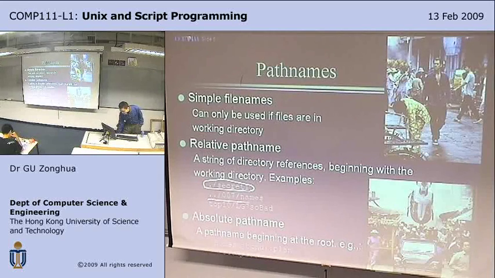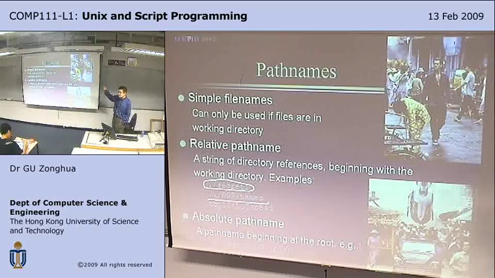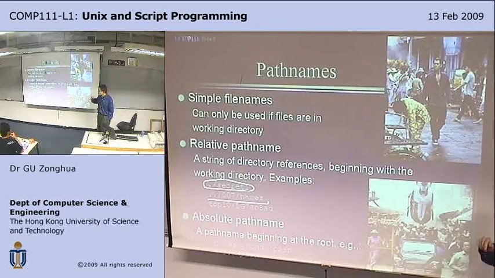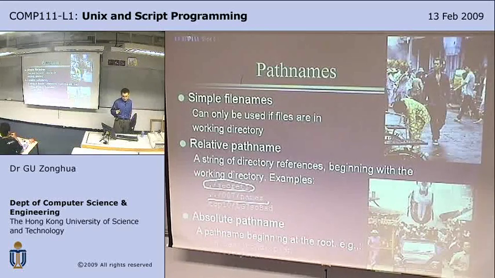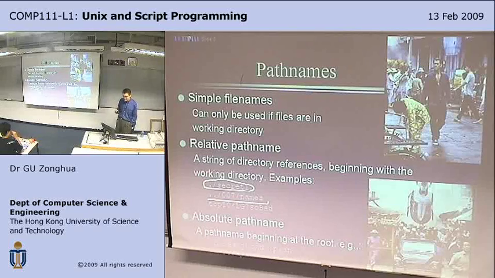If it's double dot, it means go up one level, and then go down to the 007 folder, and then go down to the names file within 007. So you're navigating the tree by going up one level and then down one level.